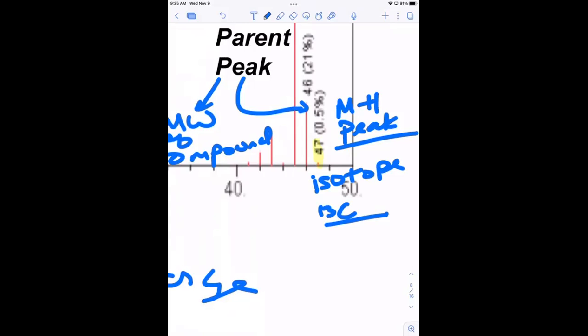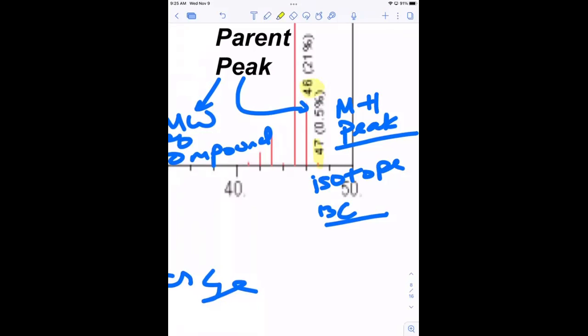So the M + 1 peak is very important. Every mass spec is going to have these 3 peaks at a minimum: the parent, the base, and M + 1. The M + 1 is exactly what it says. It's the mass plus 1. So if the parent is 46, then the M + 1 by default has to be 47.